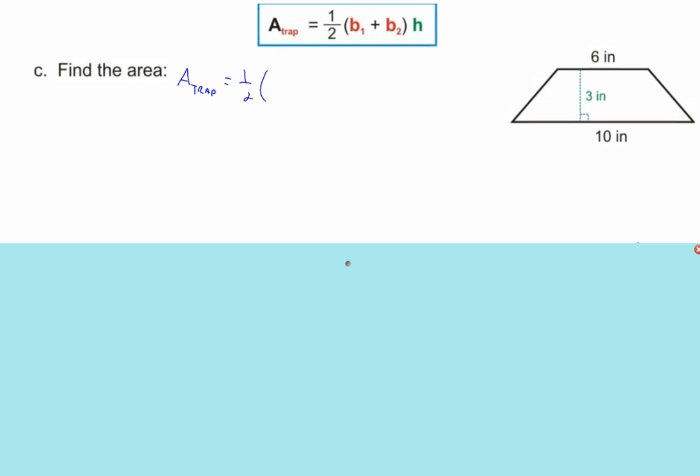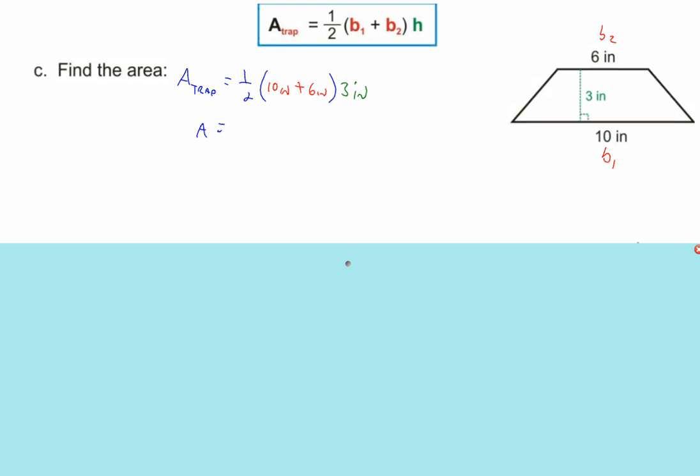Base 1, I'm going to label it the 10 inches. Base 2, the 6 inches. So I'm going to go 10 inches plus 6 inches in my parentheses. Make sense? Everybody with me? Base 1 and base 2. And then our height is, of course, the 3 inches, the only thing there.